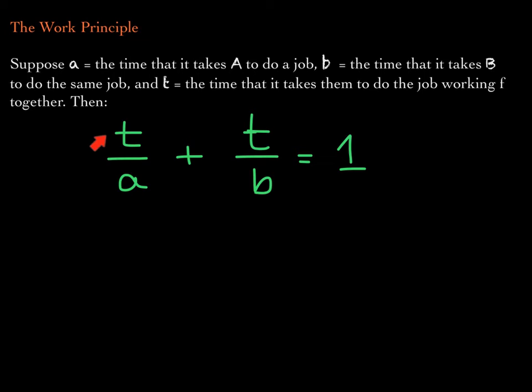T represents the time it takes them to complete the job working together, A represents the time it takes the first group by themselves to complete the job, and B represents the time it takes the second group by themselves to complete the job. This 1 here represents the entire job being completed, the whole job being completed.